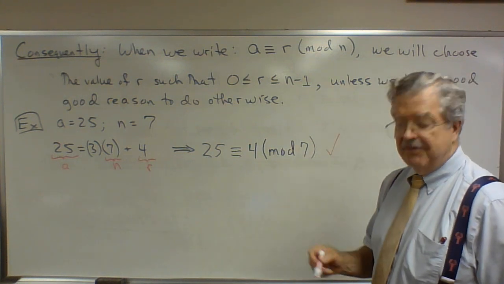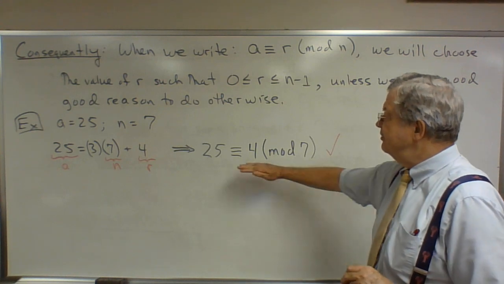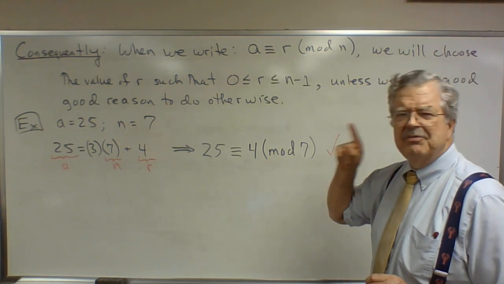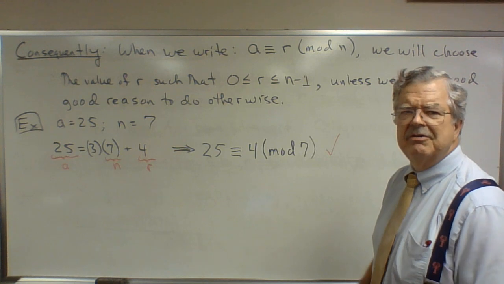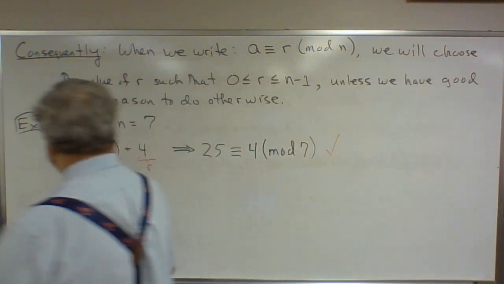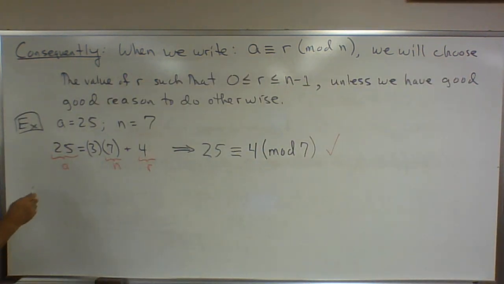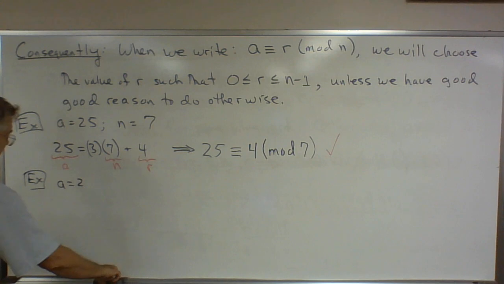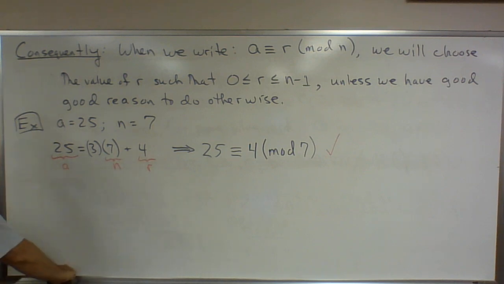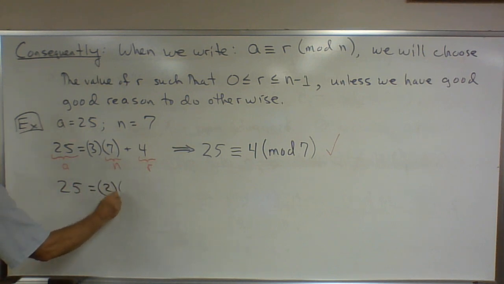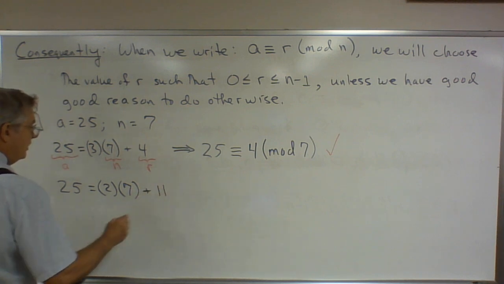Now, we don't have to say that, but we should write it this way unless we have a really good reason to do otherwise. Here's what we could do. We could take A again, which is 25, and say that it's equal to 2 times 7 plus 11.